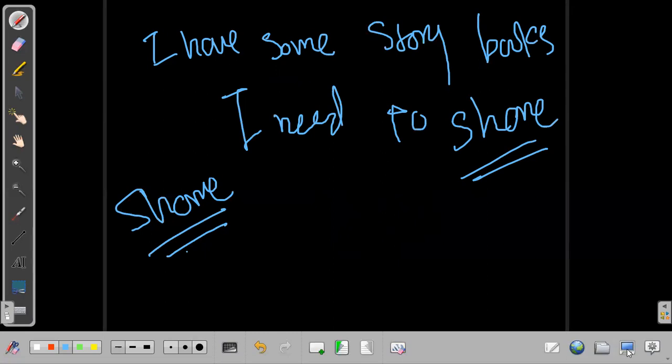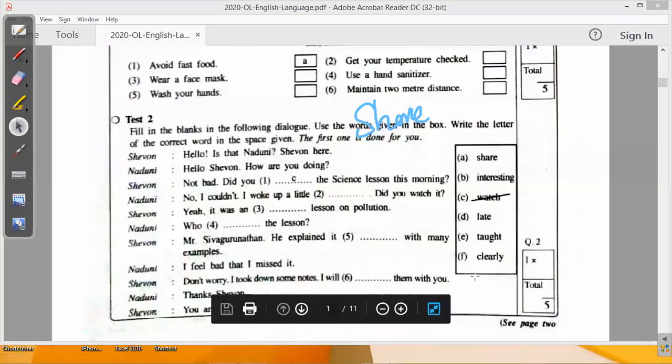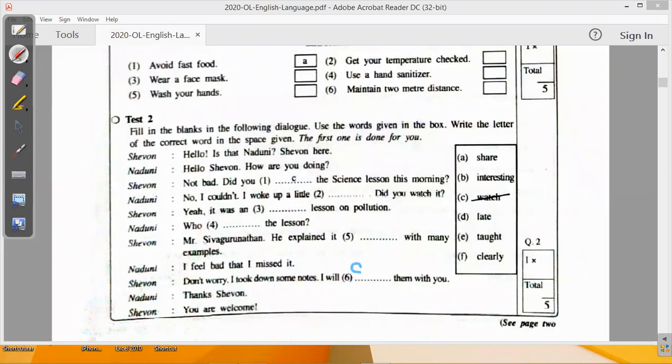Someone is going to borrow that from you, which is called lend in this case. Lend means you give something to somebody for temporary use, okay? So this has to be quite correctly share. I will share them with you. So it has to be a, okay? See, another 5 marks, done, easy.